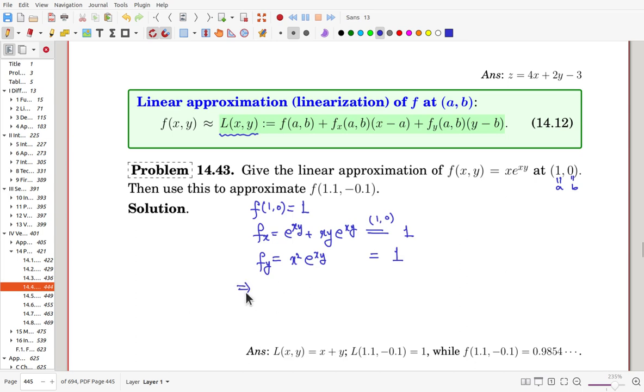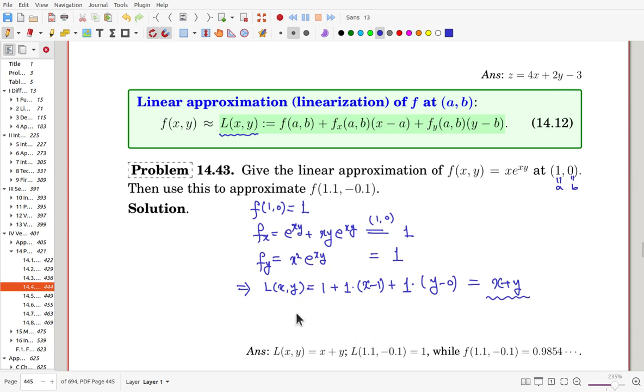So we can conclude L of (x, y) is the value 1 plus the slope 1 times (x minus a), so x minus 1, plus the slope 1 times (y minus b), which is y minus 0. So that is x plus y minus 1 plus 1, so we reach x plus y. That is the linear approximation.